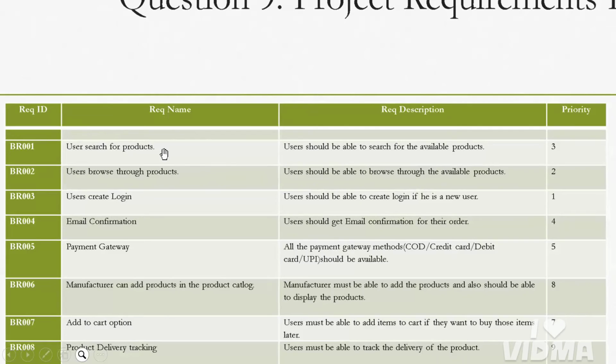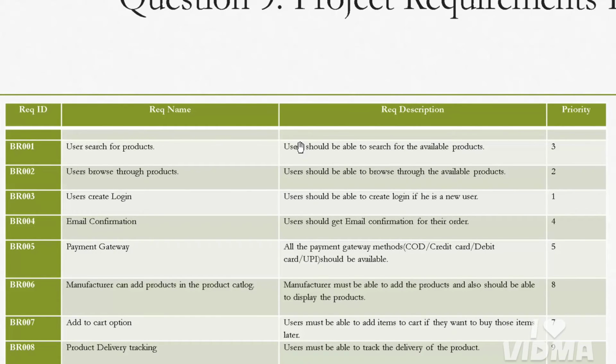For example, say login. The requirement name will be user login, and the description: the user should be able to create a login, or the user should be registered. The user should have an account, and only then can they log in. So that's the description.